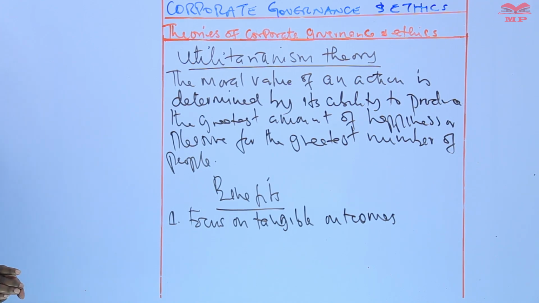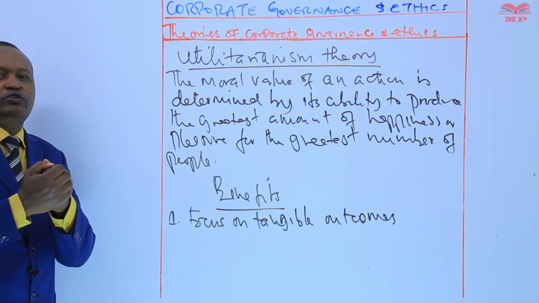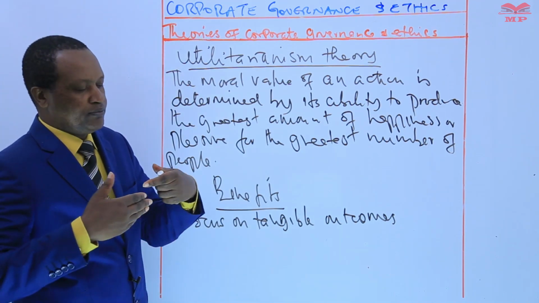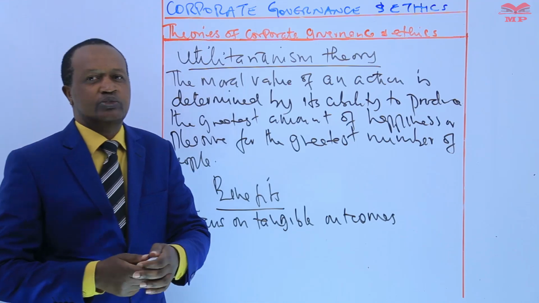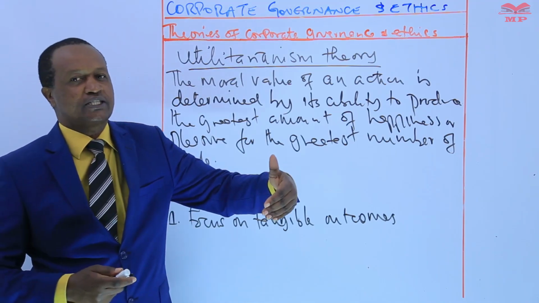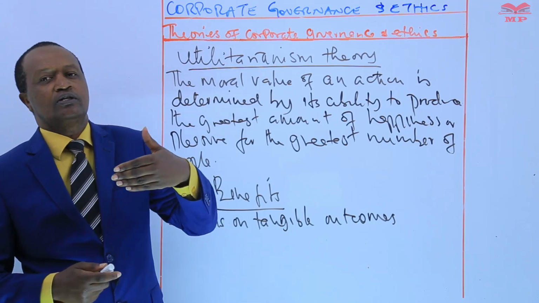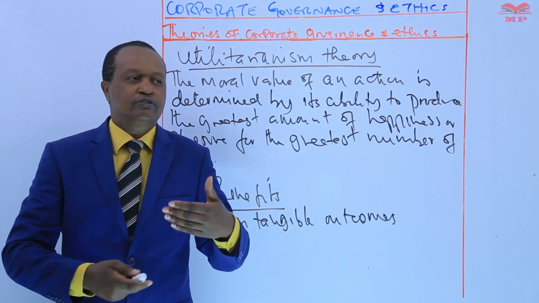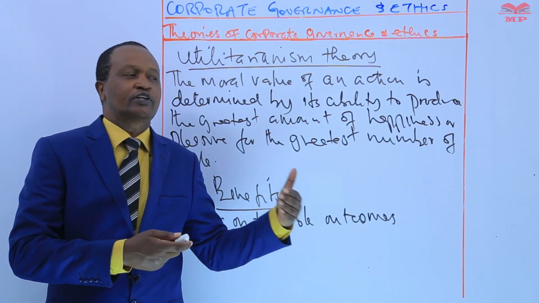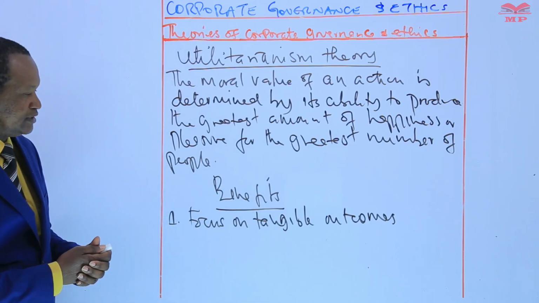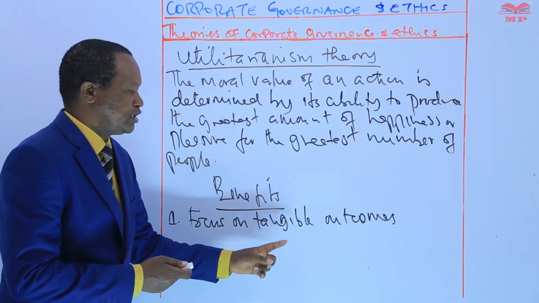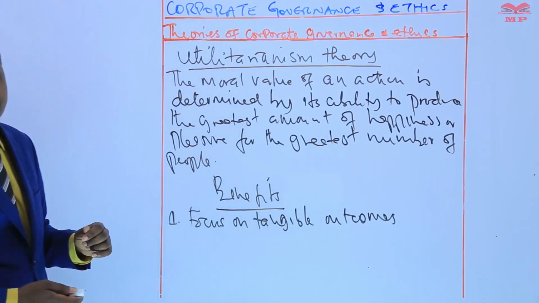Utilitarianism theory emphasizes the practical consequences of decisions, prioritizing actions that lead to measurable improvements such as increased profit, job creation, or a positive environmental impact. Its focus on tangible outcomes is a benefit.